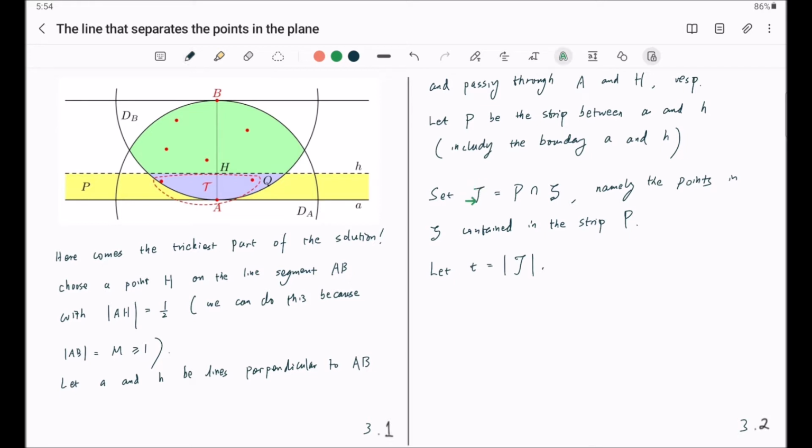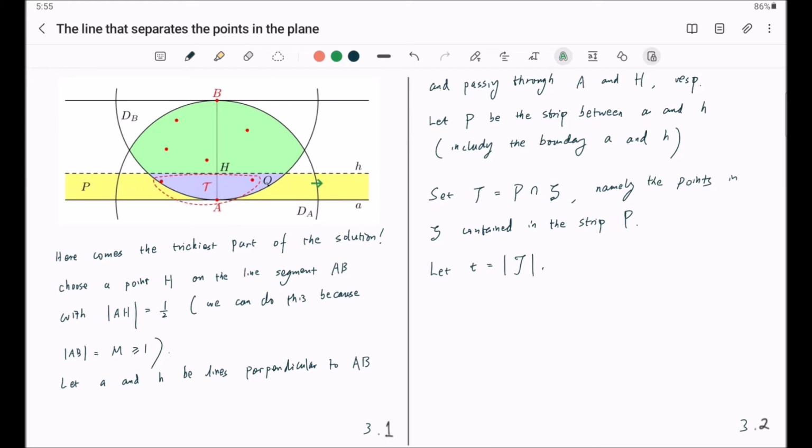So this set T consists of the points of S lying in this purple region. And in this picture, there are 3 points in T. Little t is equal to 3 in this picture.